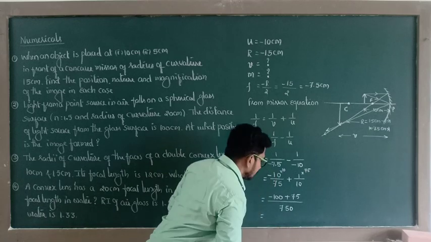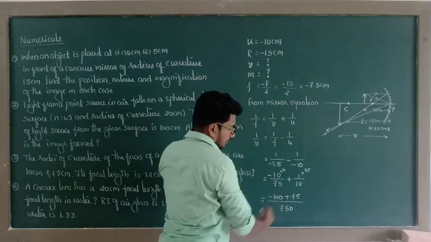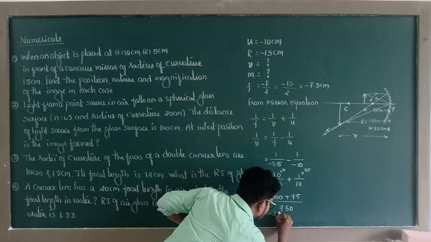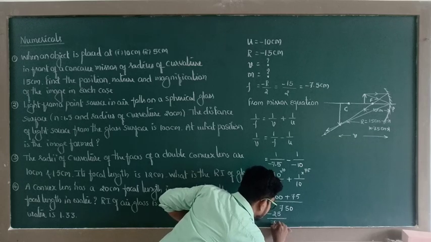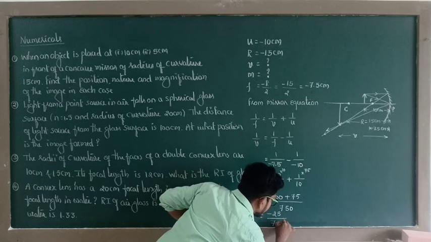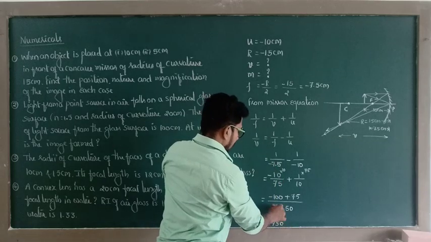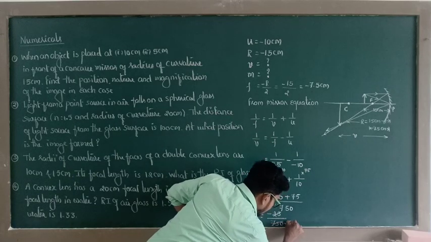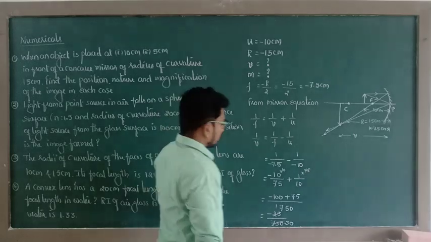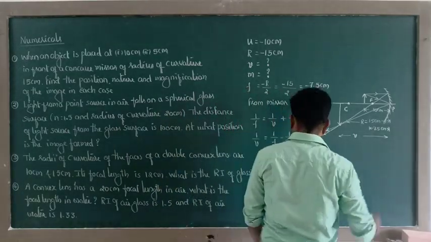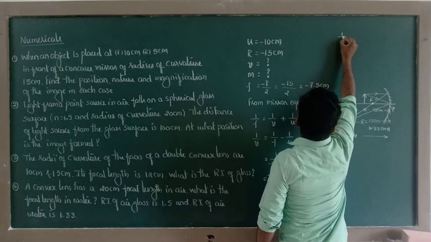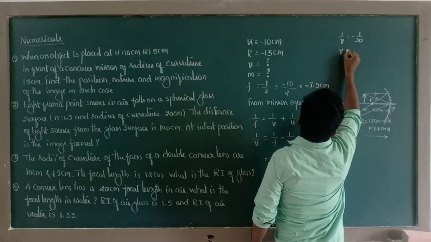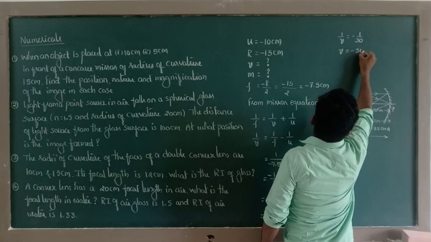Therefore this is equal to minus 25 divided by 750. 25 ones are 25, 25 threes are 75, into 10. Therefore 1 by v is equal to minus 1 divided by 30, or v is equal to minus 30.